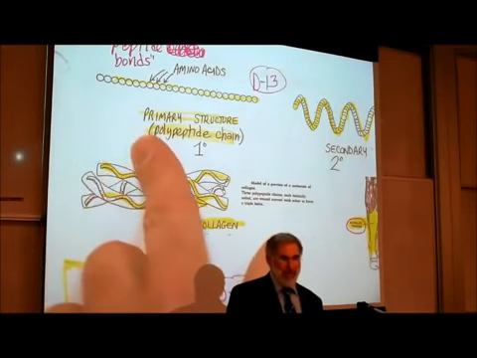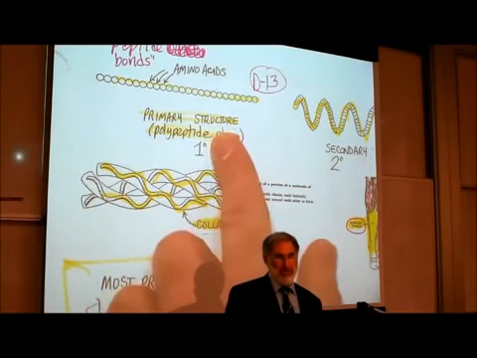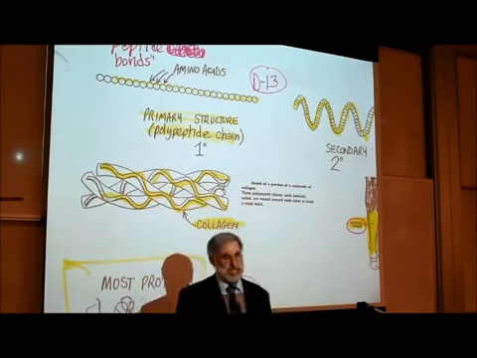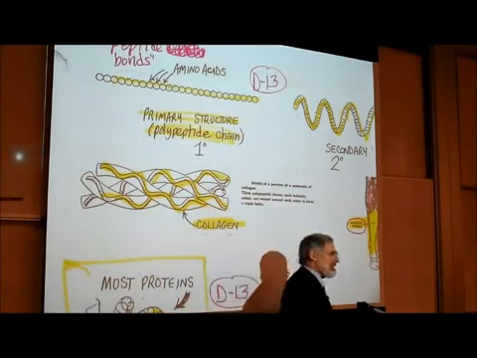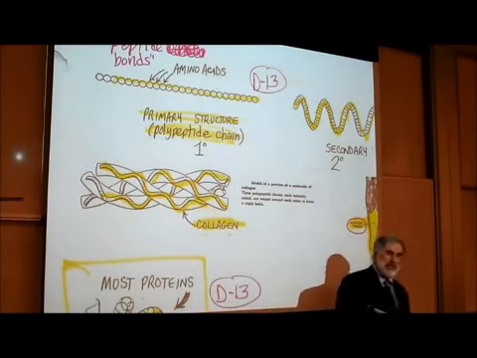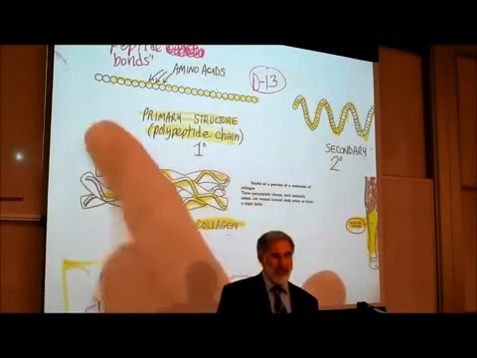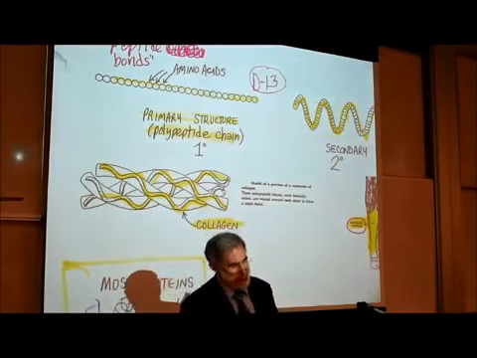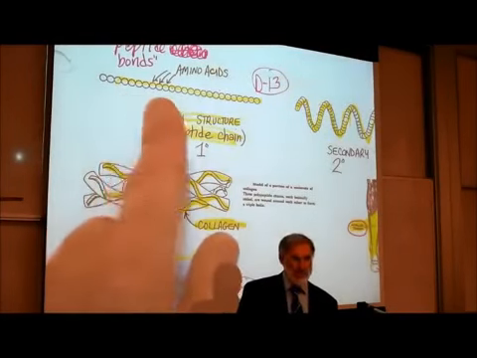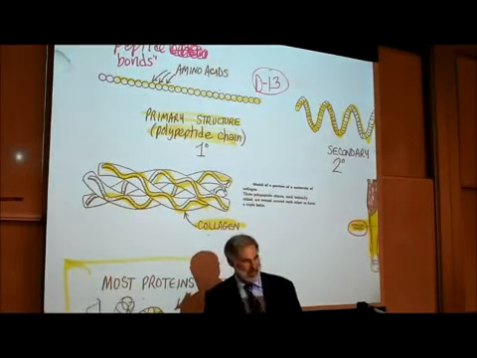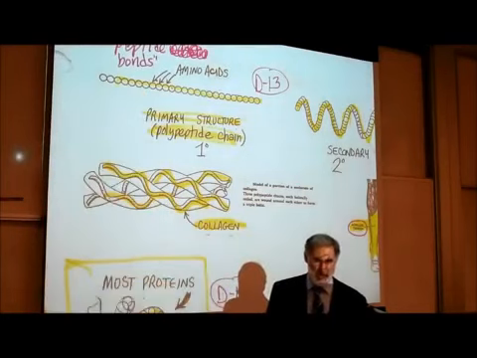This is commonly known as the primary structure of a protein or a polypeptide chain. What does poly mean? Many. And peptide refers to amino acids. So many amino acids joined together is called a polypeptide chain. And in fact, the bonds that hold these amino acids together are known as peptide bonds.